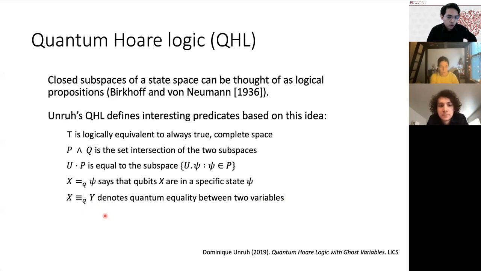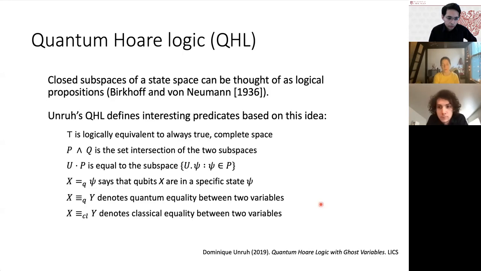And then there's the notion of quantum equality, where you can take two quantum variables which are disjoint and say whether they are equal or not. And similarly, another notion is classical equality between two variables, which means that if you were to measure X in the computational basis and Y in the computational basis, you will always get the same results. So that's the intuition behind classical equality.